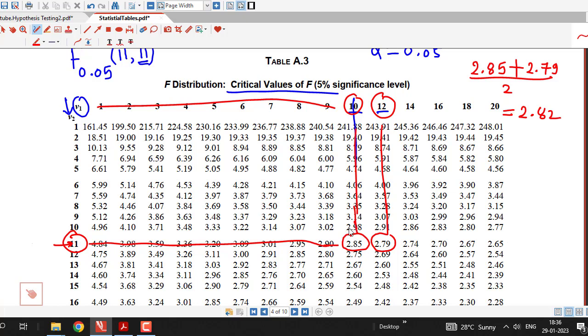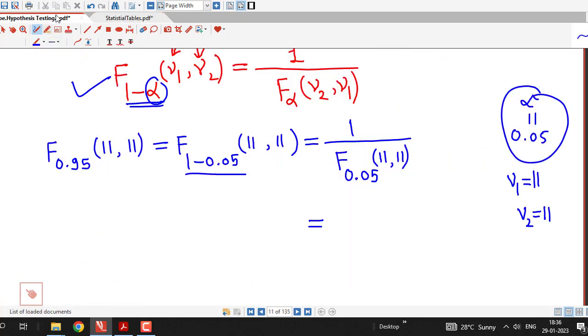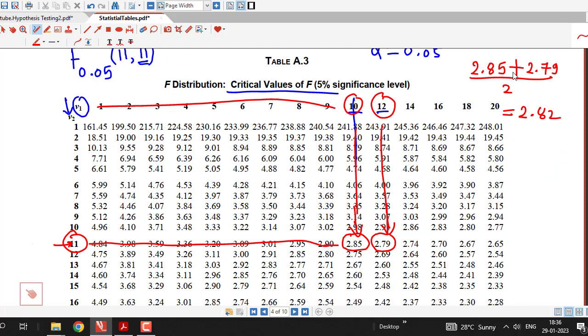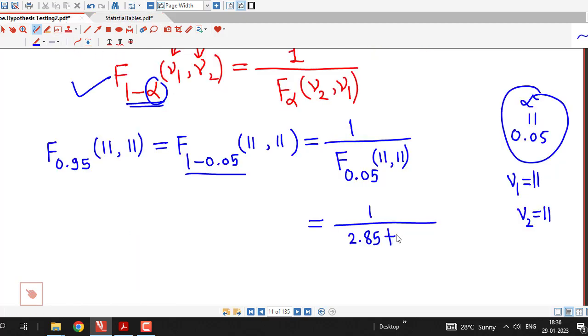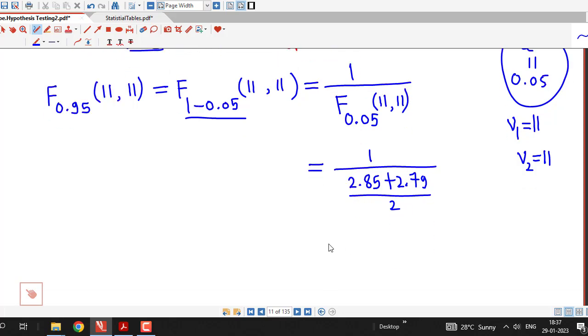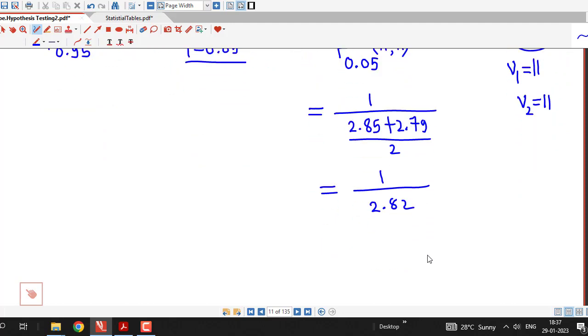These two points we found in this table and we take their average: 2.85 plus 2.79 divided by 2 is 2.82, and 1 divided by 2.82 is equal to 0.35461.